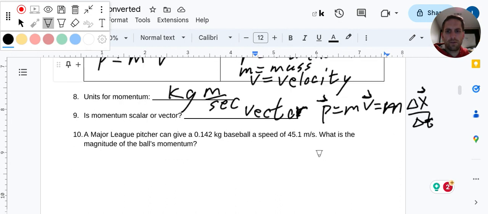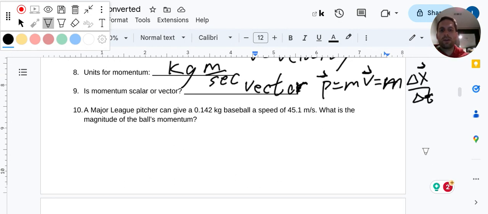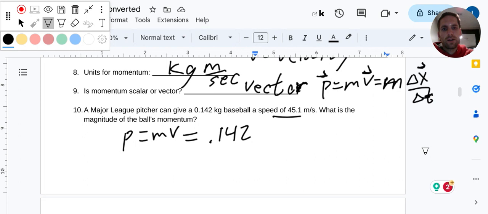All right, quick little problem. For these, we always want to show our work. So P equals mv, we have a mass, 0.142 kilogram baseball, and it has the speed, 45.1 meters per second. We're going to assume it's the same as velocity, so we can use our equation. 0.142, and for all intents and purposes it is 45.1.